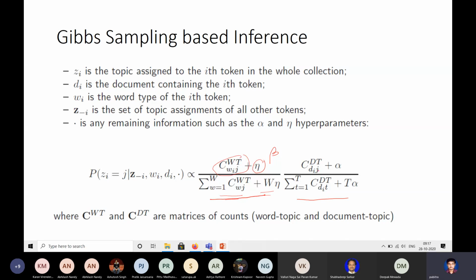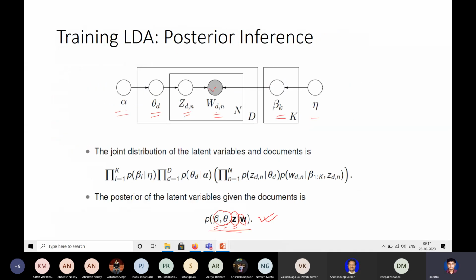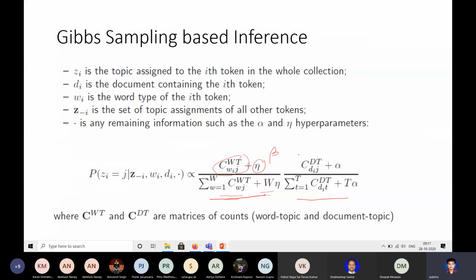Similarly here, these values, 2 and 1, are entries of this matrix plus the smoothing factor, normalized by the row sum or the column sum here maybe, and the total length of the document times this parameter alpha to take care of the smoothing factor.